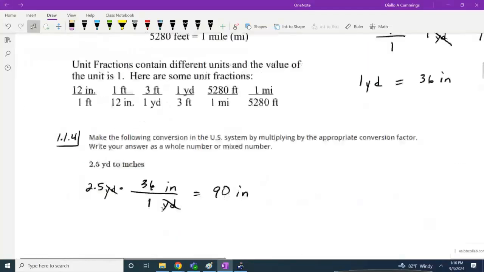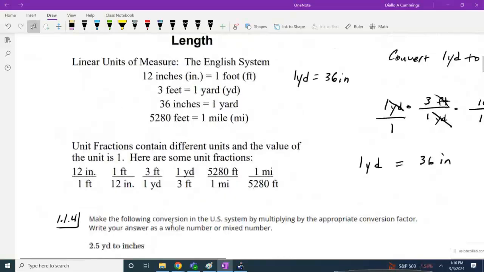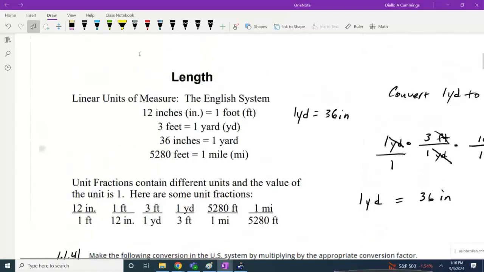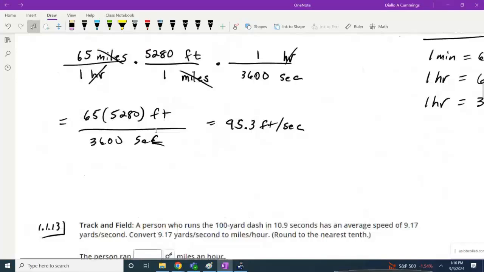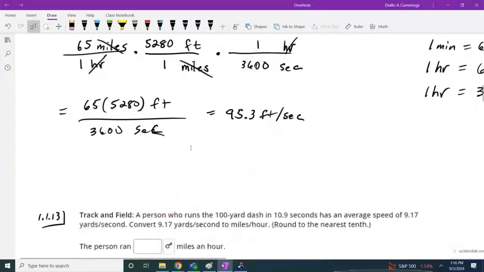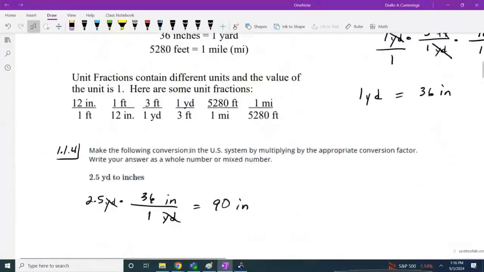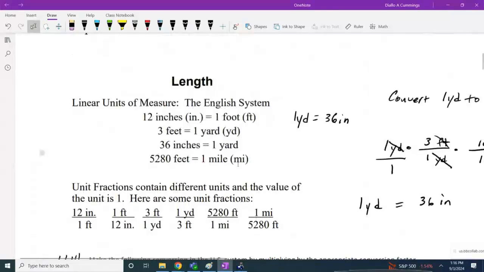And if I look back at my conversions, I don't actually see a conversion from yards to miles. I see one from feet to miles, but not from yards to miles.